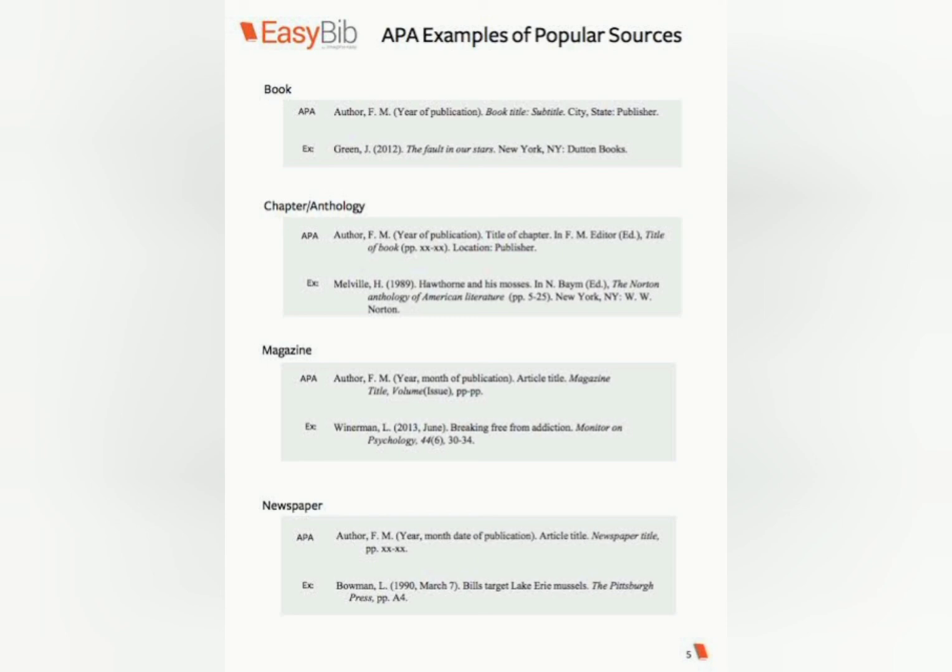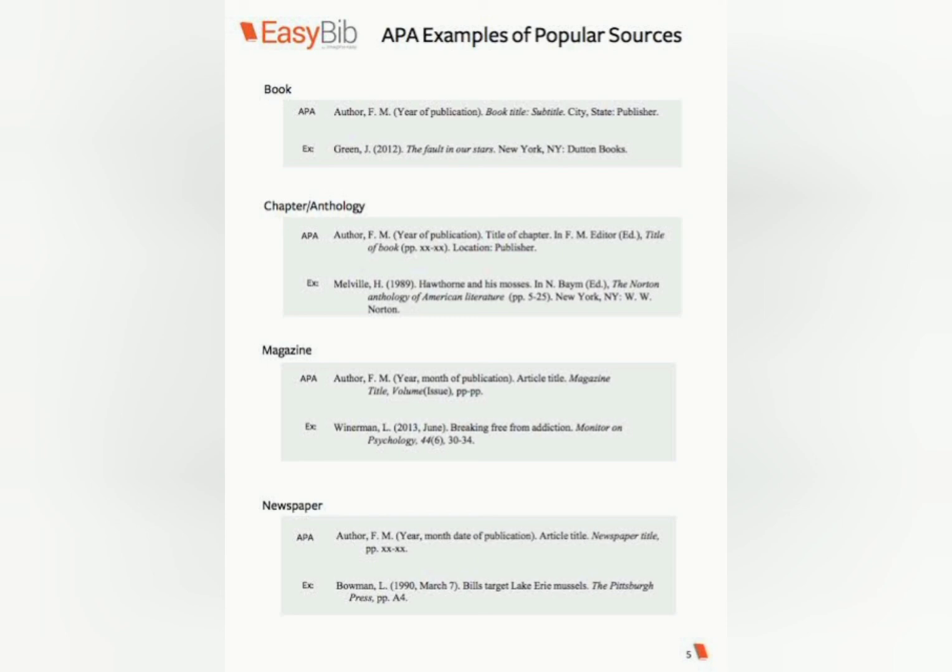I have here examples of APA, examples of popular sources that you could transcribe from your given source to APA. As shown on the screen, this is how you're going to cite the sources.